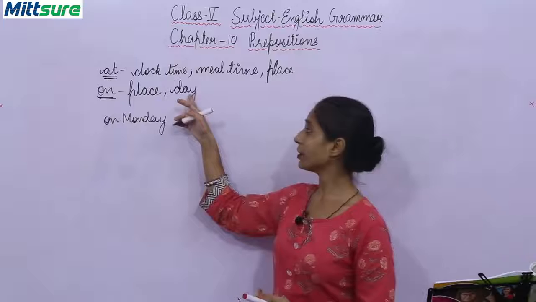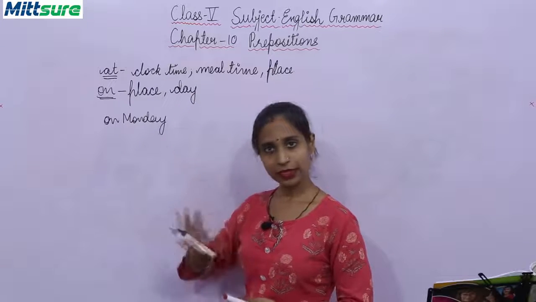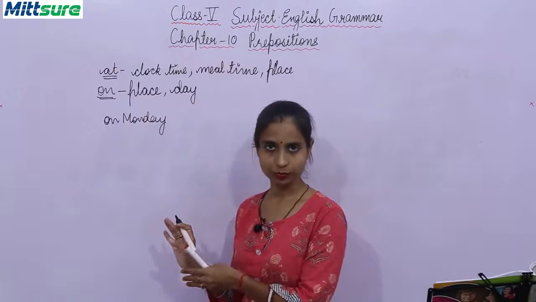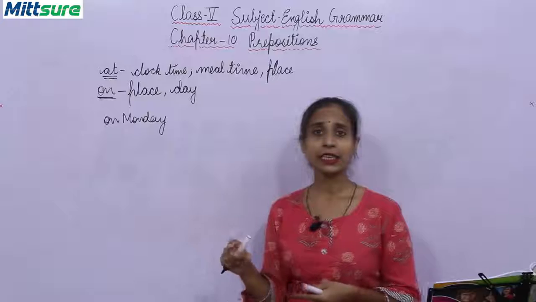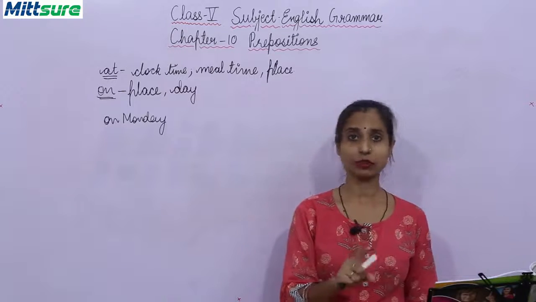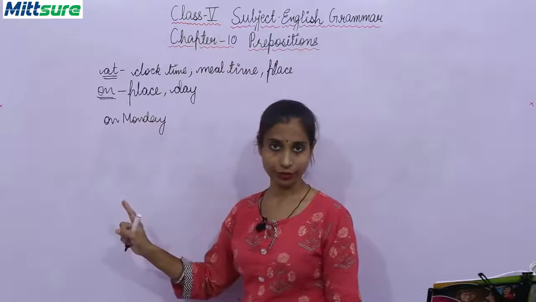Clear? There is no confusion. You will not say, I'll see you in Monday. No, I will see you on Monday. So, in front of a day's name, you are going to use "on".